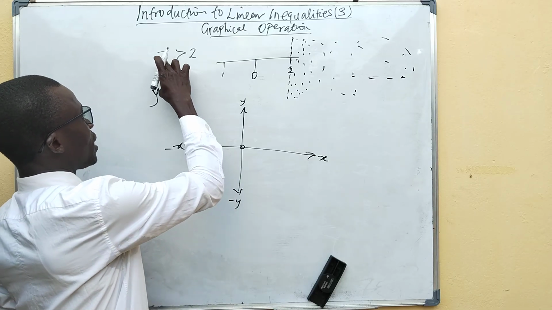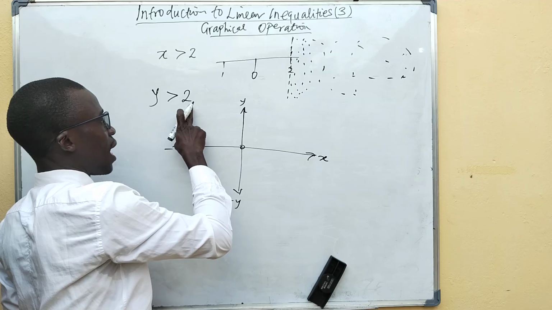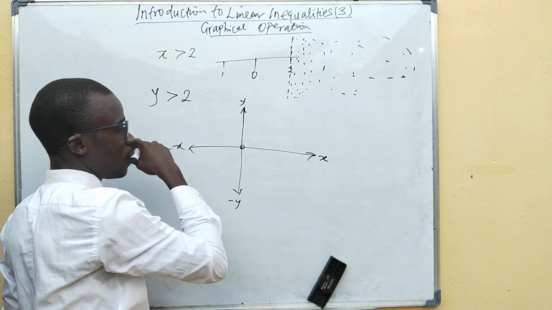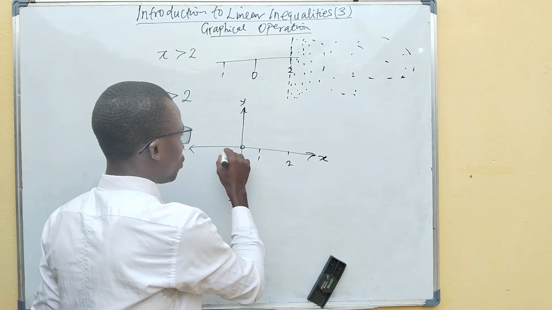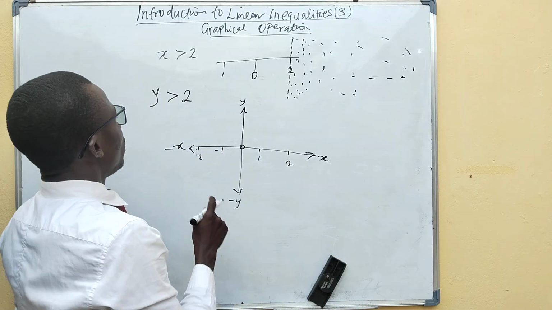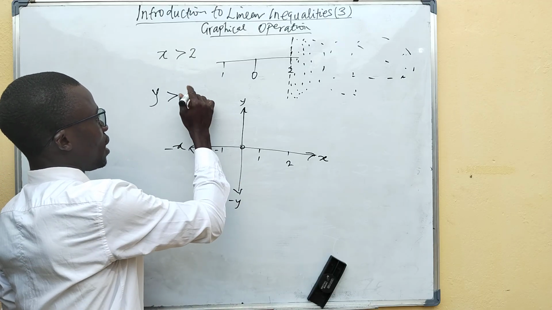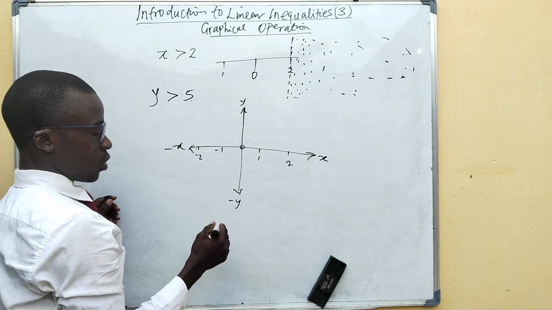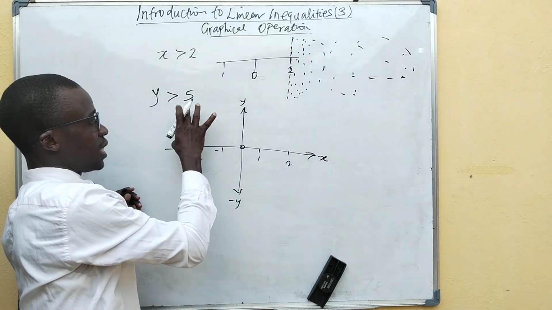If I'm to represent x is greater than 2 and y is greater than 2, let me say this is 1, this is 2, this is minus 1 and this is minus 2. Now I'm working on this and this together.